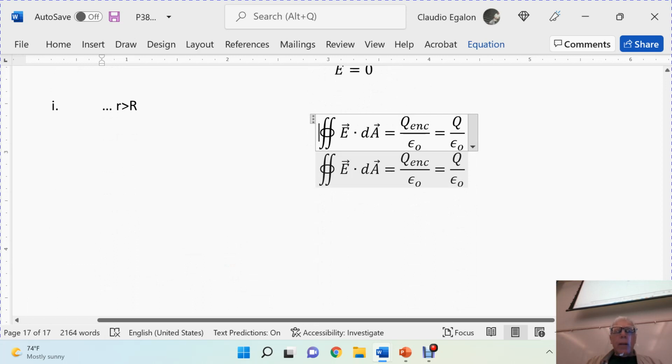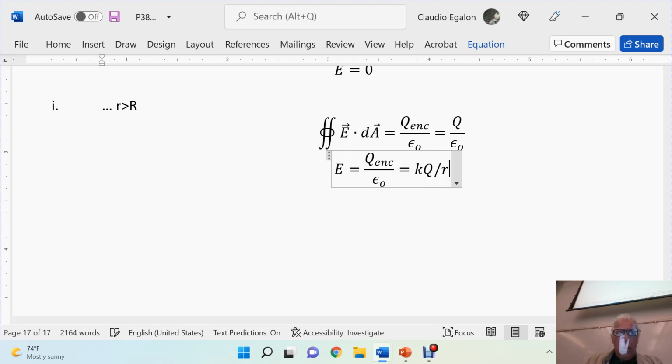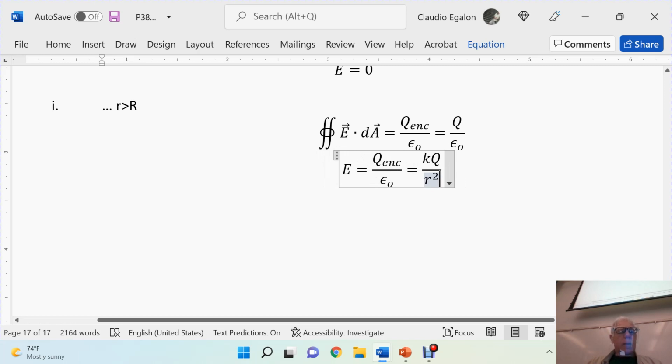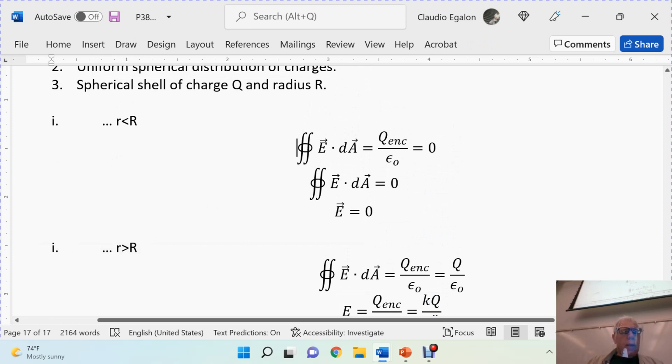And I'm gonna write that down: E equal to kQ over r squared. Like that. I'll take this one out.